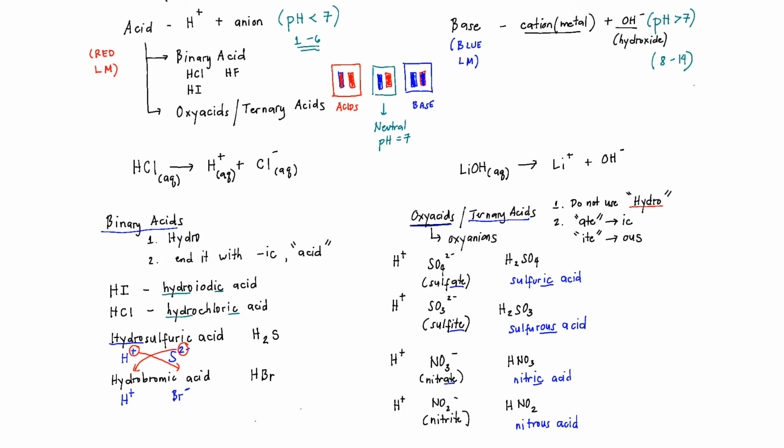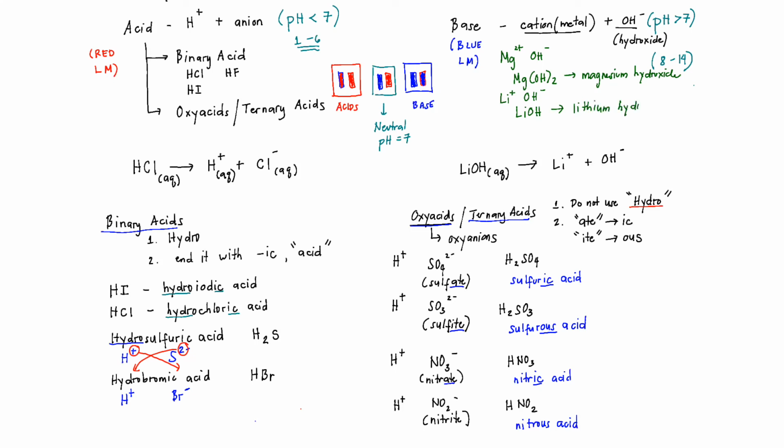Say for example, we have here Mg 2 positive, OH negative, so that would be Mg(OH)2, and the name of that is magnesium hydroxide. And then we have here, say for example, Li positive, OH negative, and making it as a base, that would be lithium hydroxide.